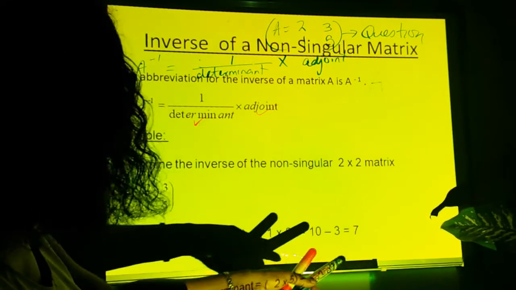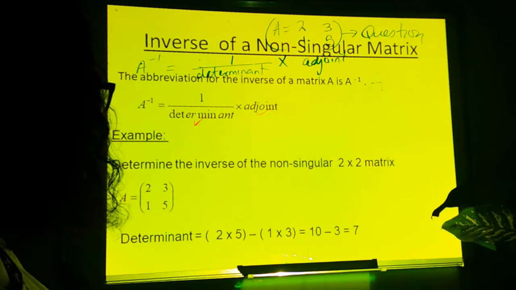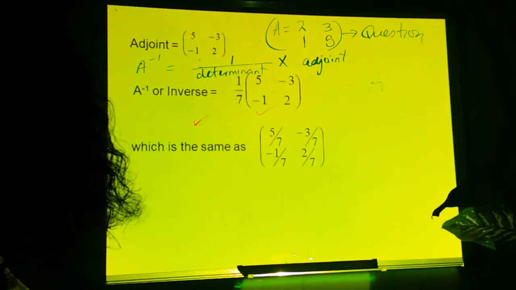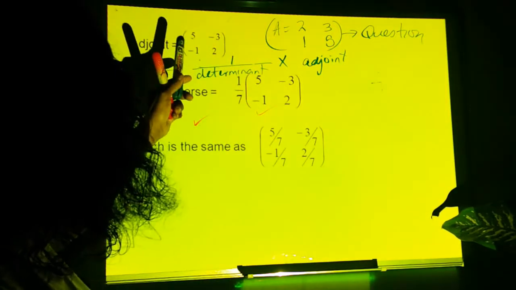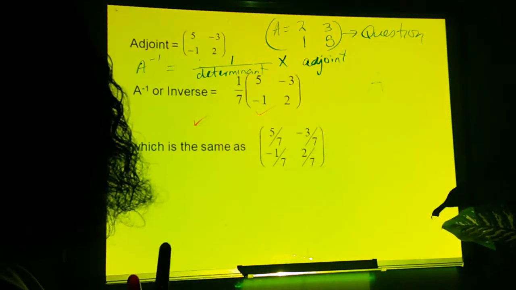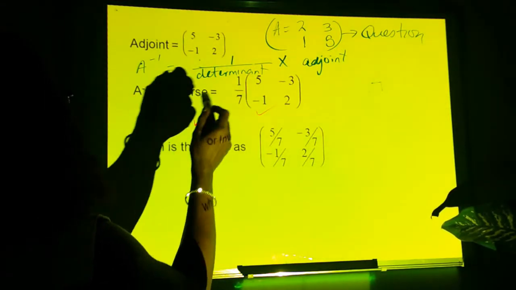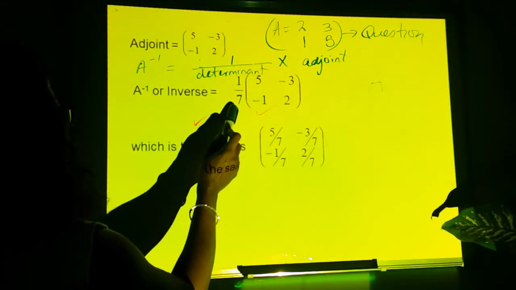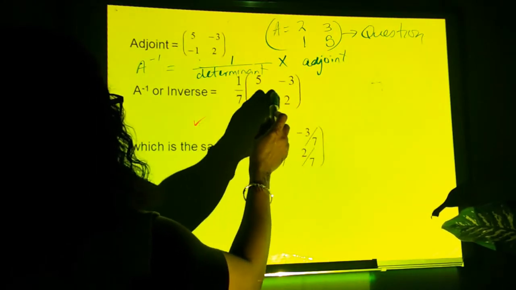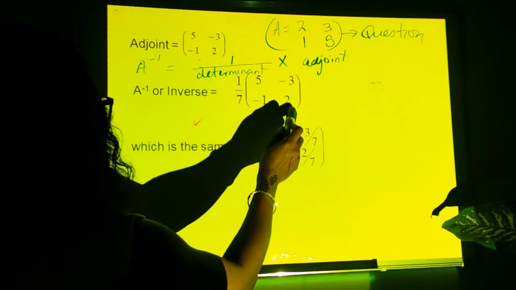What did we say is the answer for the determinant? 7. What did we say is the answer for the adjoint? 5, negative 1, negative 3, 2. So let's put everything together now. 1 over the determinant 7 times, and we use brackets for times, the adjoint. And this is the answer for the adjoint.